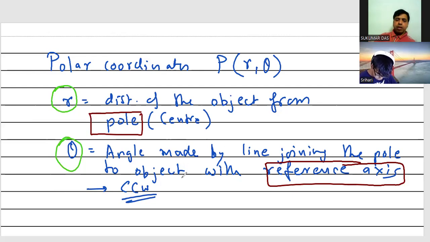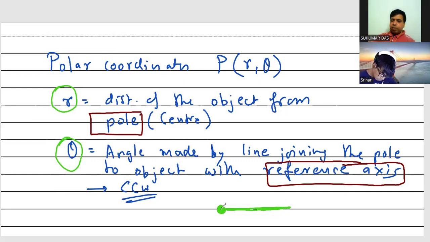So let us take this as the pole and this is the reference axis. Don't write any arrow sign on the reference axis. It is not the x-axis or y-axis where we have to show positive x-axis and negative x-axis. So don't write any arrow sign.